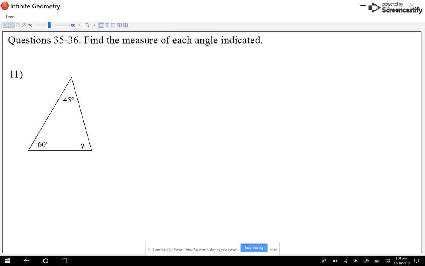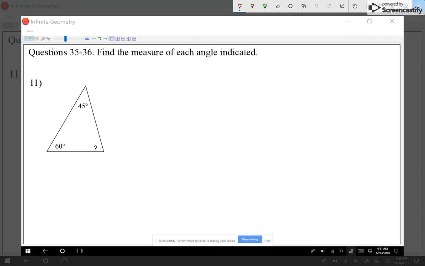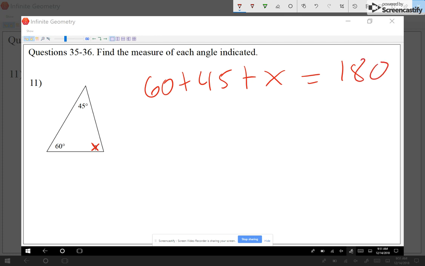Now, looking at our question number 11, we're dealing with the angles inside of the triangle, right? There's 3 angles, so I'm just going to add them up. That question mark, I'm going to call it X because I don't know how big it is. So I'm going to add the 3 angles, 60 plus 45 plus X, and it's going to equal 180.